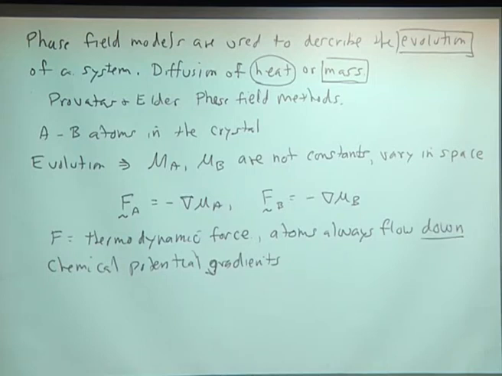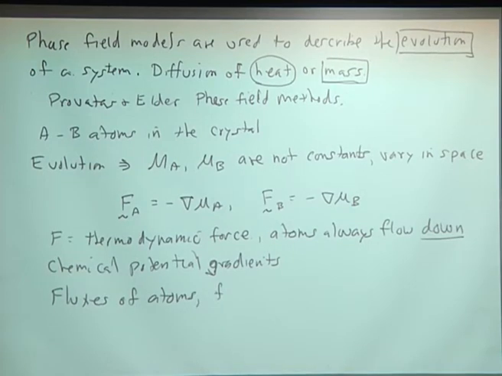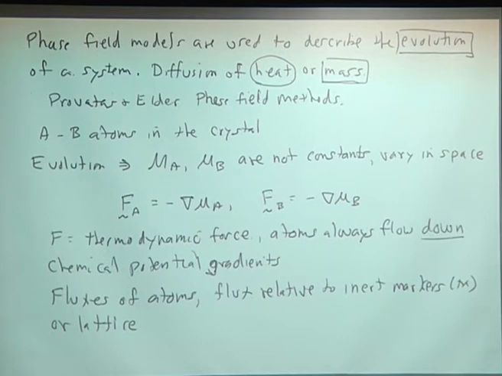You have fluxes of atoms. Remember, this is in evolving systems. You have fluxes of atoms in the system. And we're going to write this flux relative to inert markers, which I'll call M, or the lattice. You can think of the inert markers as basically tracking the location of the lattice.